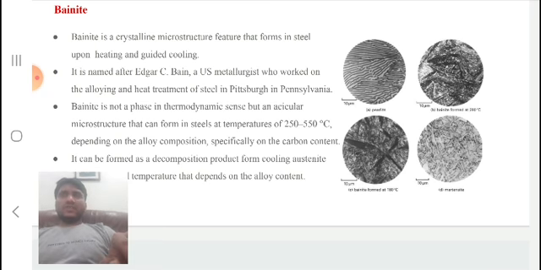However, morphological differences do exist that require a transmission electron microscope to see the differences between the lower bainitic structure and the upper bainitic structure. That is, the upper bainitic structure is coarse and the lower bainitic structure contains fine structure.